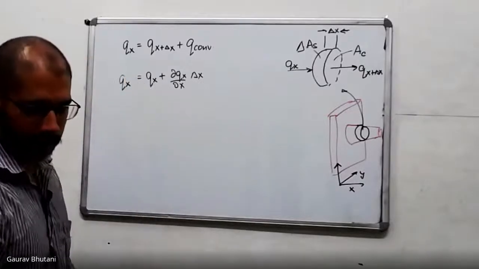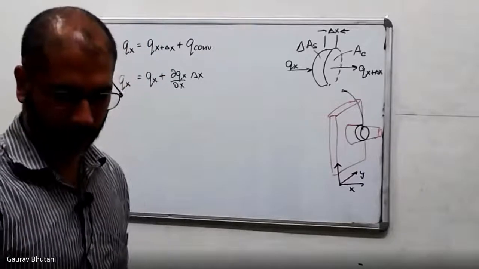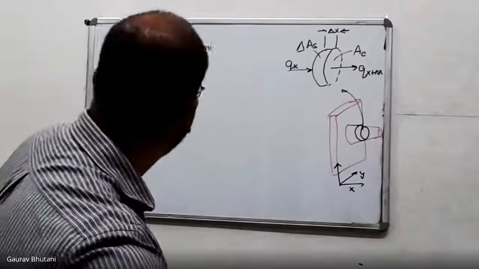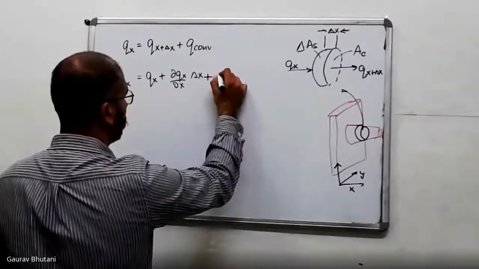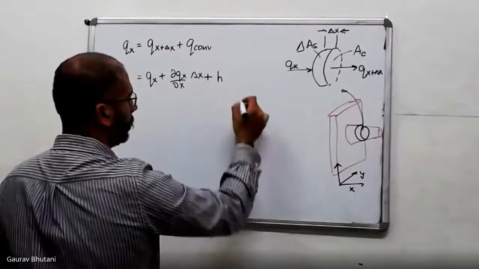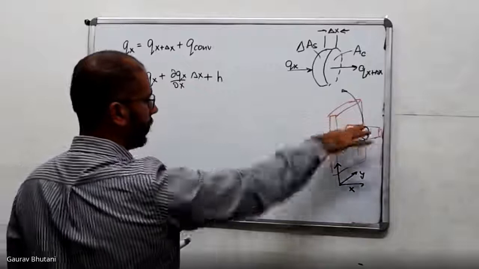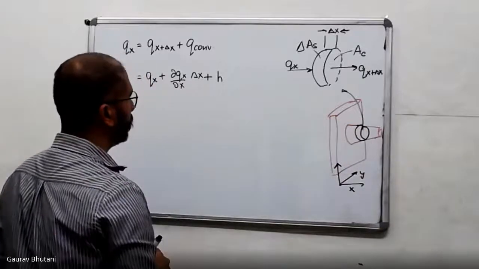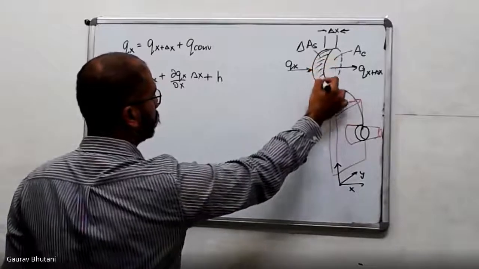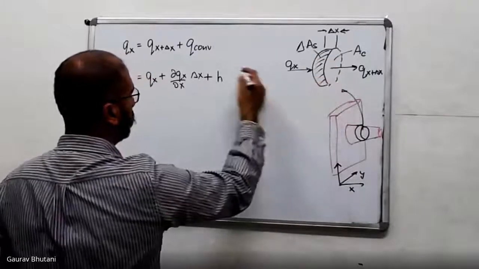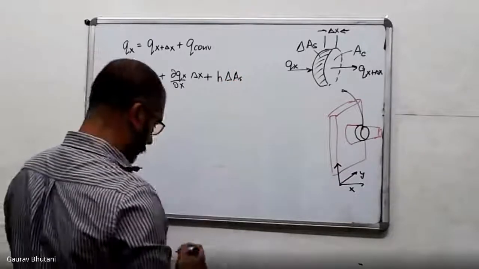And your Q convection in this case, you can use Newton's law of cooling. So this becomes h, which is the heat transfer coefficient because of the flow that's happening on the surface of the fin. And then you have the area. In this case, the convection is happening from this lateral surface area, so that's delta AS for this situation.